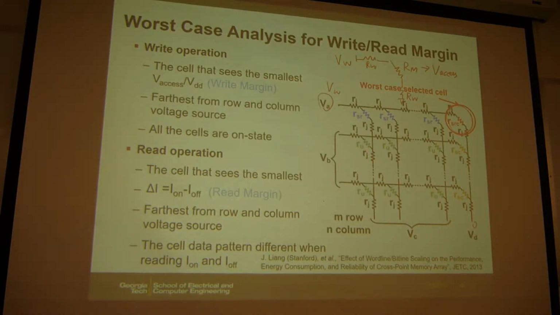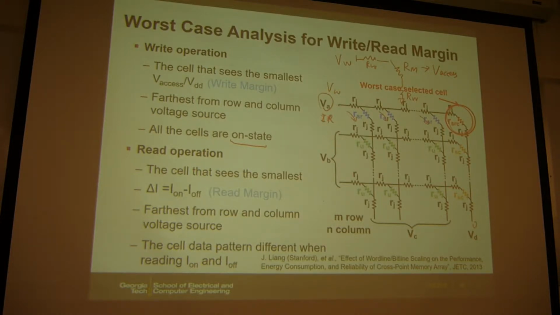The voltage drop along the wire depends on the cell status, and because of those sneak paths, when the cells are in the on state, it will make the situation worse, because the IR drop, the voltage drop across the wire, is due to the current multiplied by the resistance.